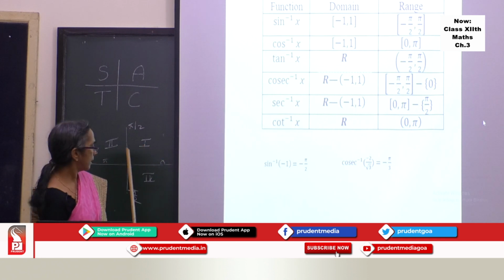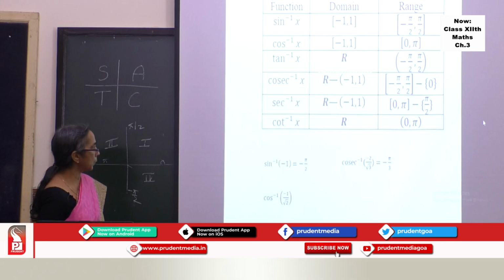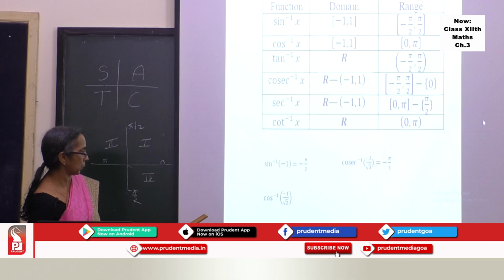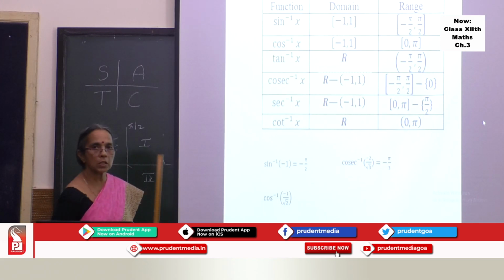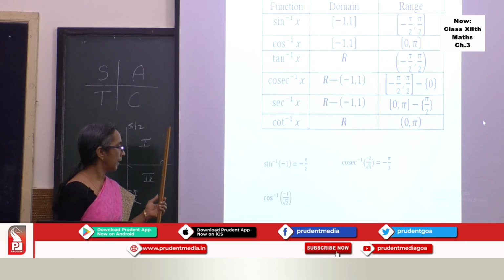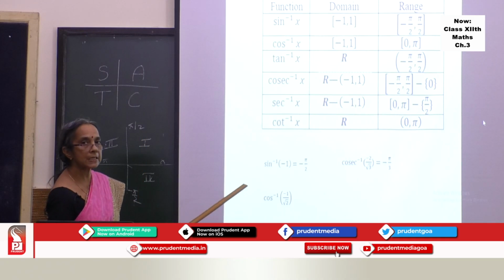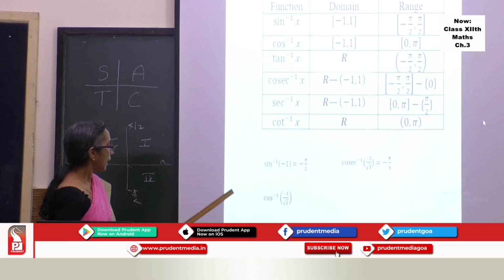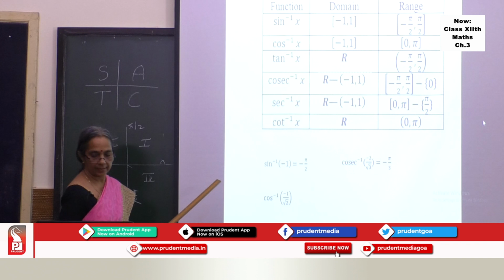Now, cos inverse of minus 1 by root 2. What is cos inverse of minus 1 by root 2? Cos of which angle is plus 1 by root 2? Cos of pi by 4 is plus 1 by root 2. But this should be an angle in the second quadrant.